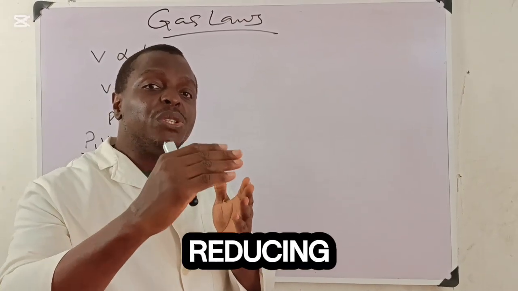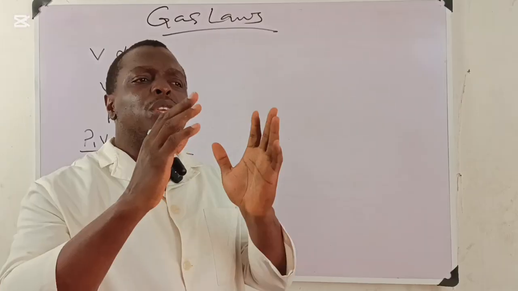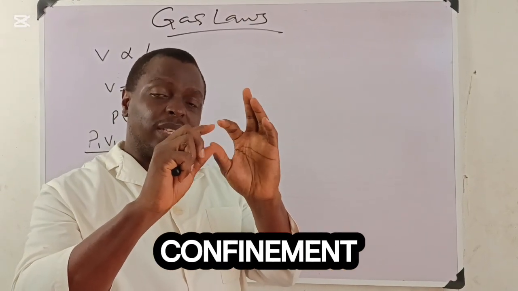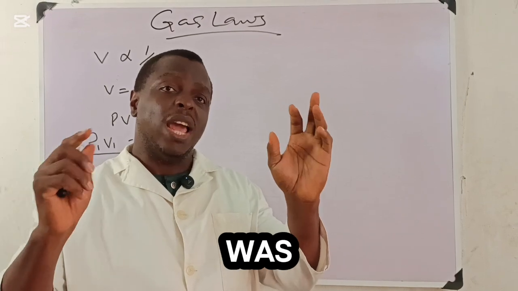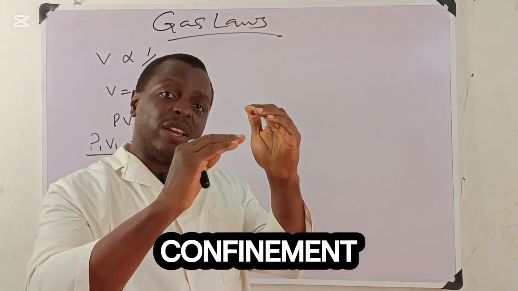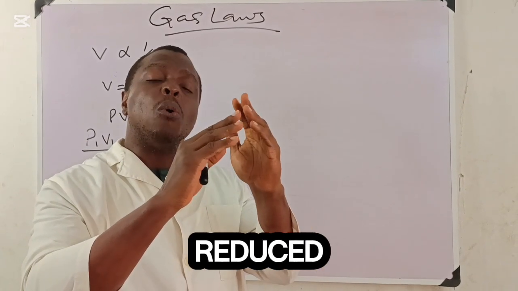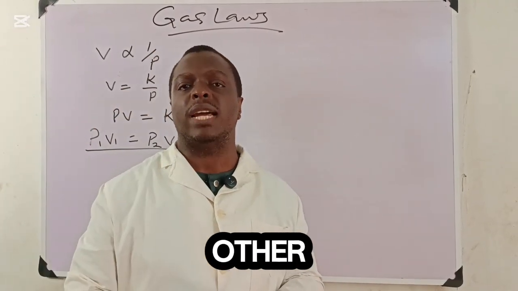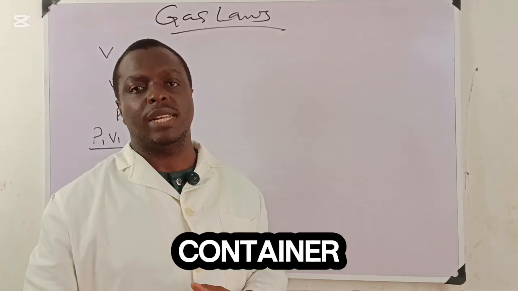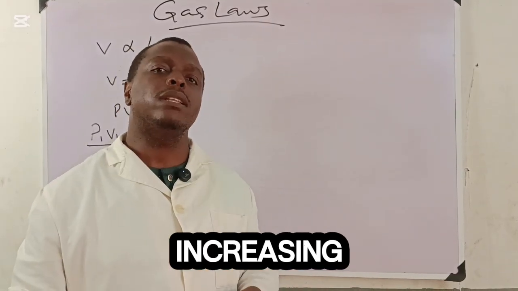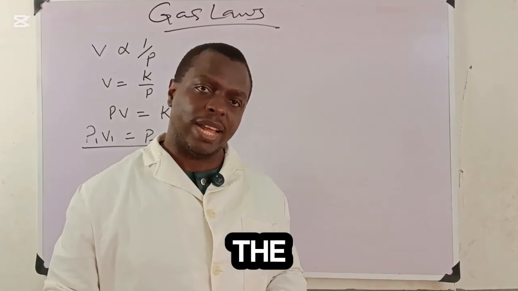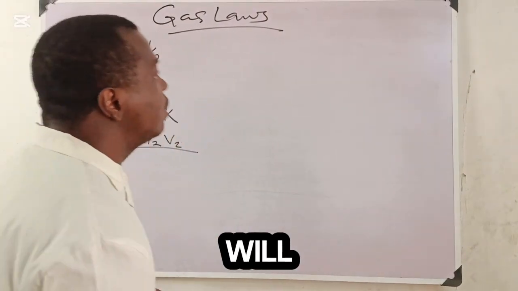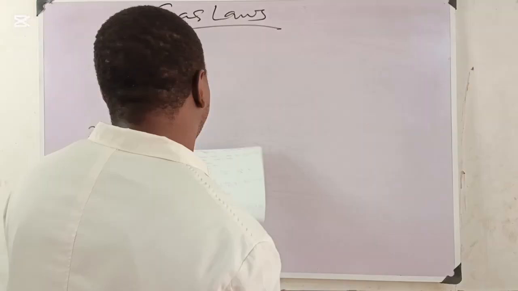If that volume has reduced, the gases will be locked in a smaller confinement than the original volume. And if they are locked in a smaller confinement, the gases will tend to collide more with each other and with the walls of the container, thereby increasing the pressure of the gas. Now, in order for us to solve a real-time example, we will take this question.